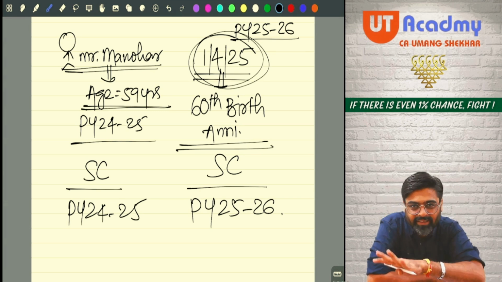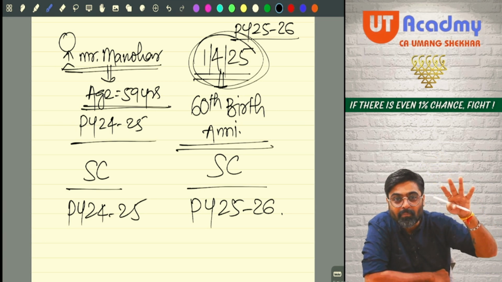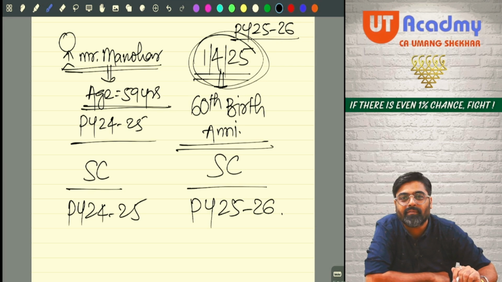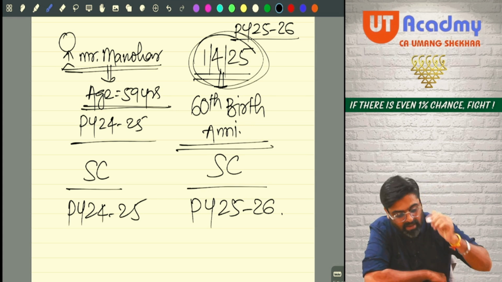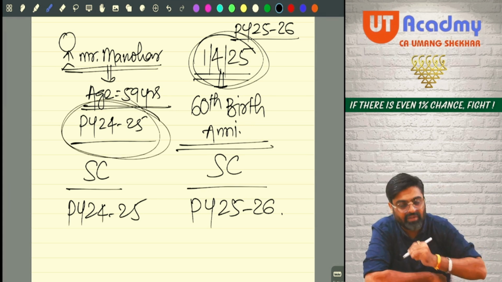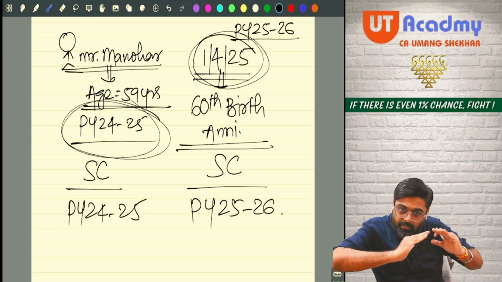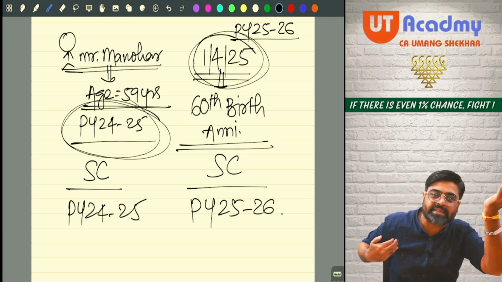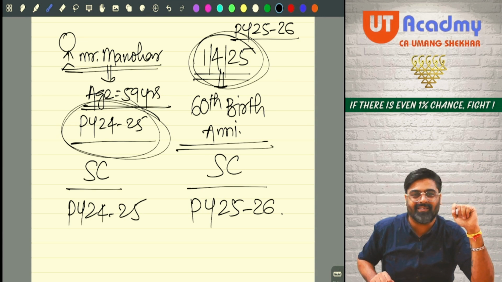59 years in this year. 60 years completed as on 31st March only. 60 years completed as on 31st March of previous year 24-25 itself. After completing 60, I will enter the 61st year on 1st April.